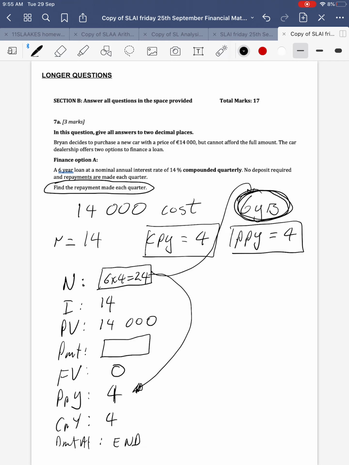And we click on the PMT and press enter and we get a negative. So PMT comes out to be negative 871.82. Payment obviously flows away from us, but we just put the payment is 871.82, and this is euros.